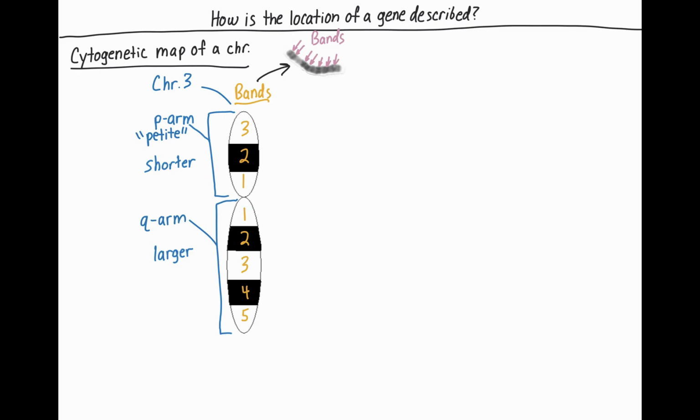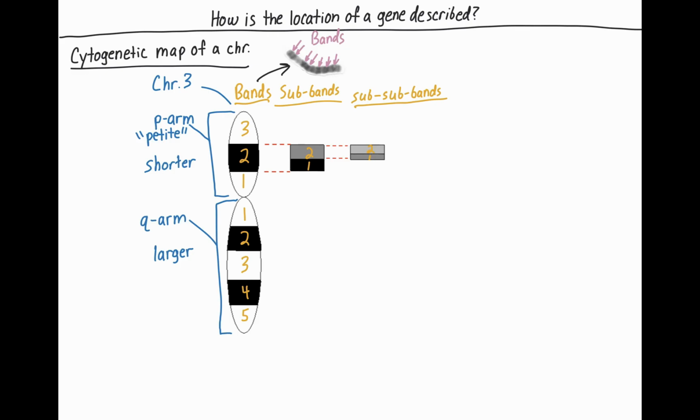Band 1 is always the band closest to the centromere, and you count outwards from the centromere. Each band is further divided into subbands, and each subband is divided into sub-subbands, visible only with high-resolution microscopes.